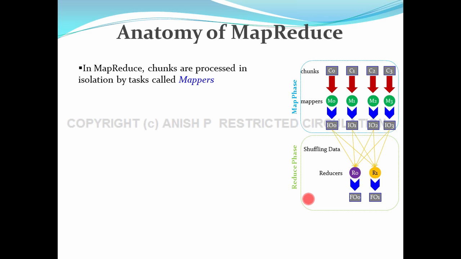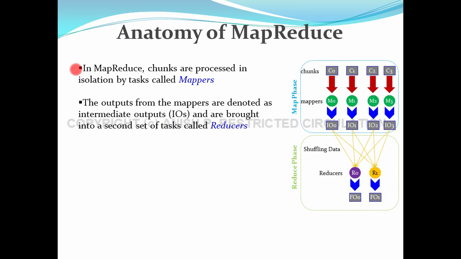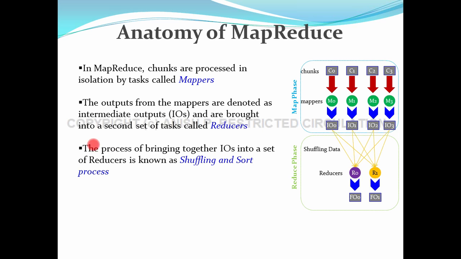In MapReduce, chunks are processed in isolation by tasks called mappers. The outputs from the mappers are denoted as intermediate outputs that are brought into a second set of tasks called reducers. The process of bringing together intermediate outputs into a set of reducers is known as shuffling.